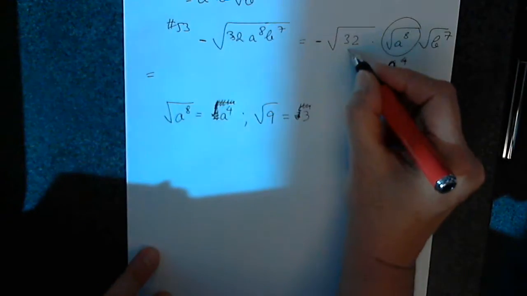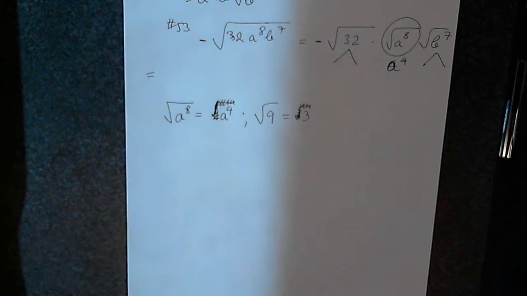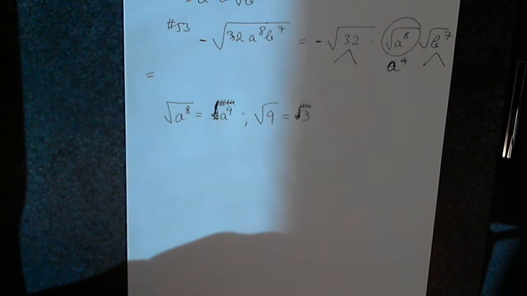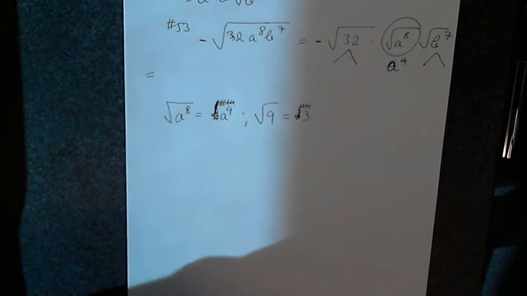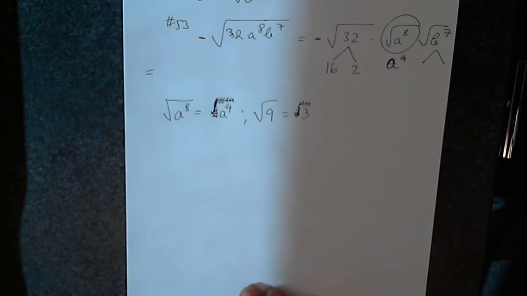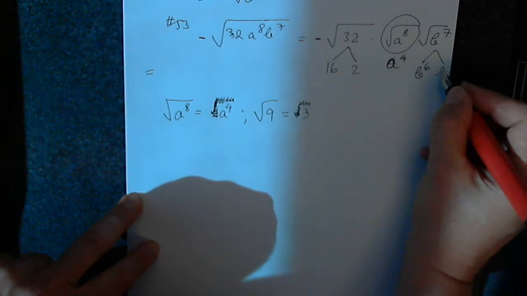So now I have to split 32 as well as b to the 7th. How do I split 32? Maximum, 16 and 2. Yes, indeed, 16 and 2. How do I split b to the 7th? Very good. B to the 6th and b.